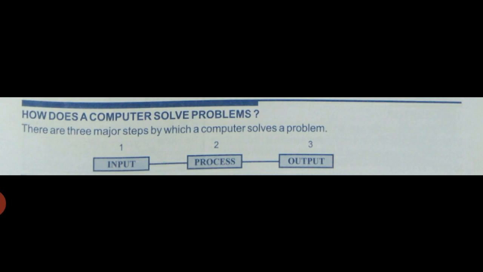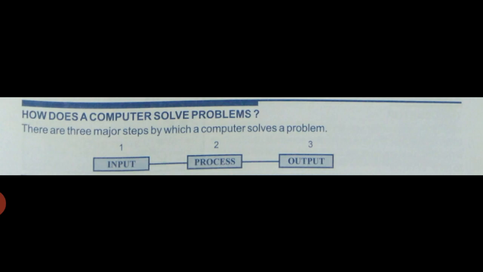We have to make a summation of these two numbers, that is 10 plus 20. So 10 plus 20, this is the process. When you finish your formula in Excel, if you press the enter button, then you will see the result, that is 30. 10 plus 20 is 30.